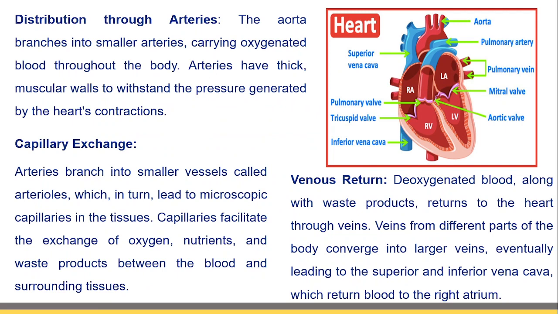The deoxygenated blood, that is venous return, along with waste products, returns to the heart through the veins. Veins from different parts of the body converge into larger veins, eventually leading to the superior and inferior vena cava, which return blood to the right atrium.